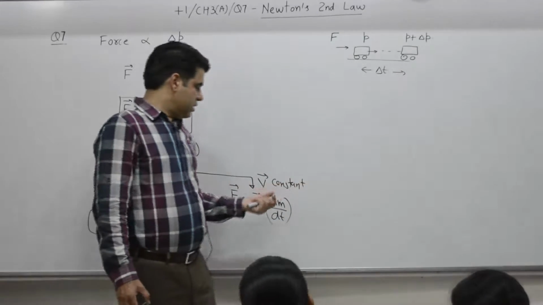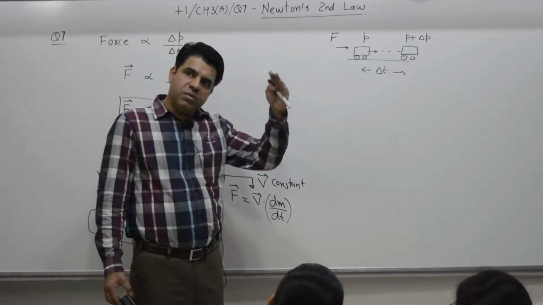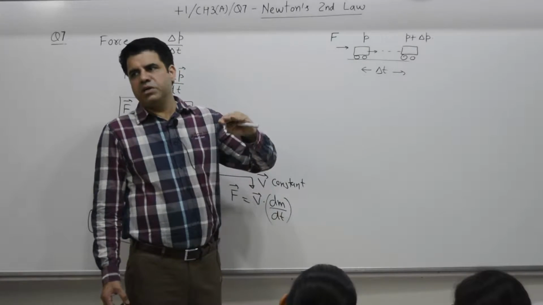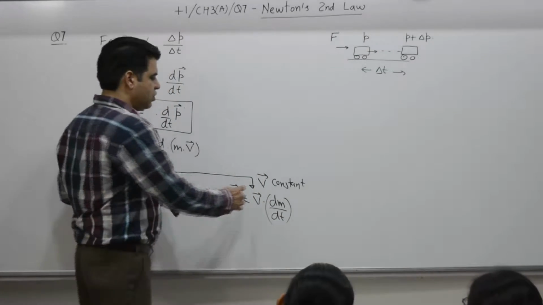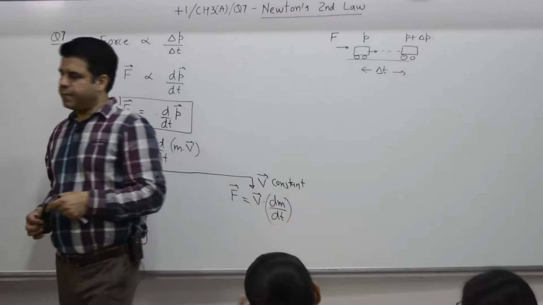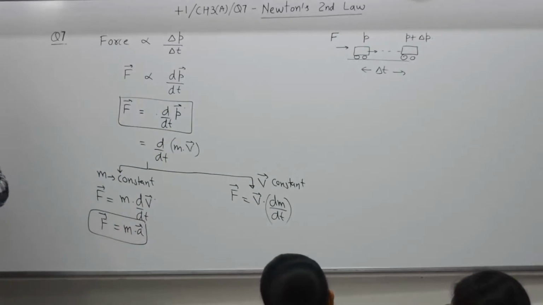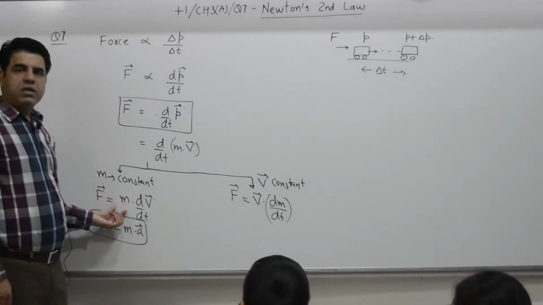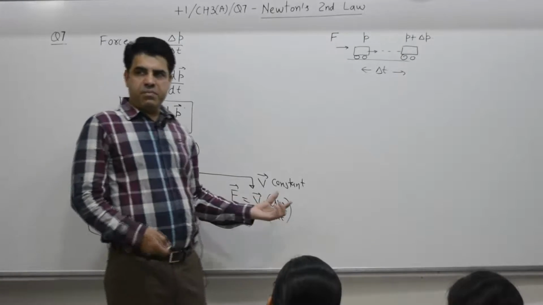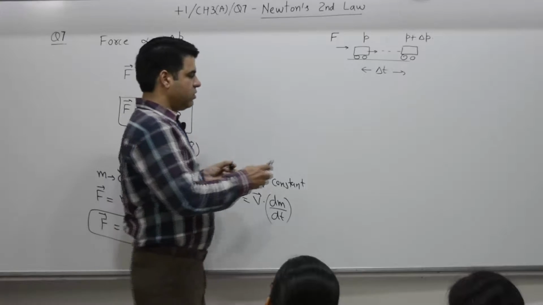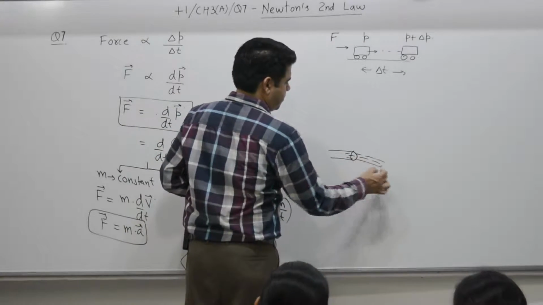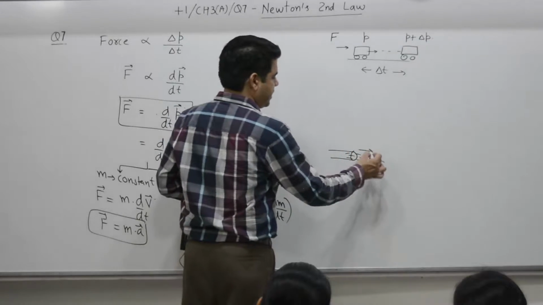So they will give you a liquid coming out per second. You can find out volume coming out per second and then find out mass coming out per second. So dm by dt means mass coming out per second. You will have different numericals. One, a cricket ball, where we can assume the mass remains constant. Second, a tap, where water is coming out with a constant velocity v.